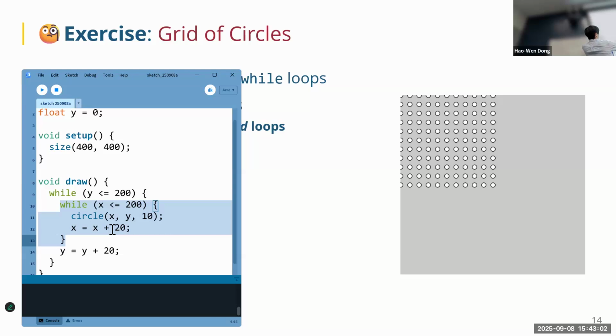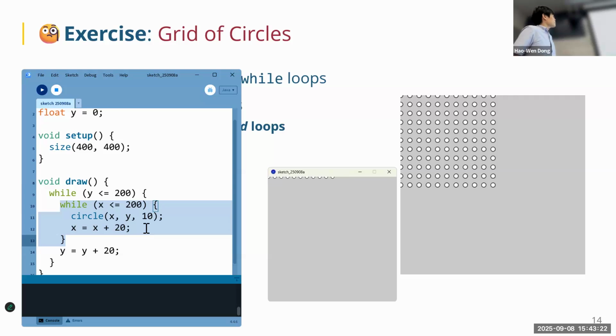So this while loop is embedded inside this while loop. This will go from, firstly y equal 0, then 0 is smaller than 200, then you will do this, then you will get the first line of circles. What's going on? Is there any issue?